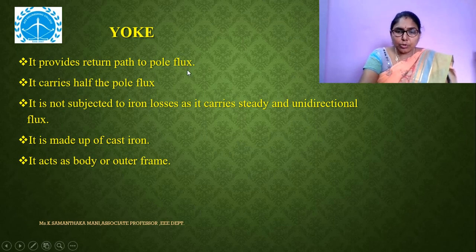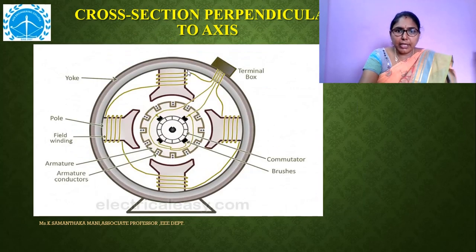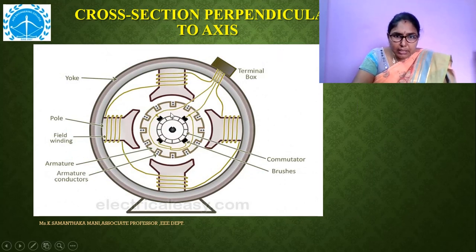Let me go back to the first diagram to explain why we require a pole flux return path. Suppose the flux is coming from this pole, and let us assume phi is the flux coming from this pole, out of which half of the flux will go to the pole on the right hand side, and the remaining half to the left hand side.